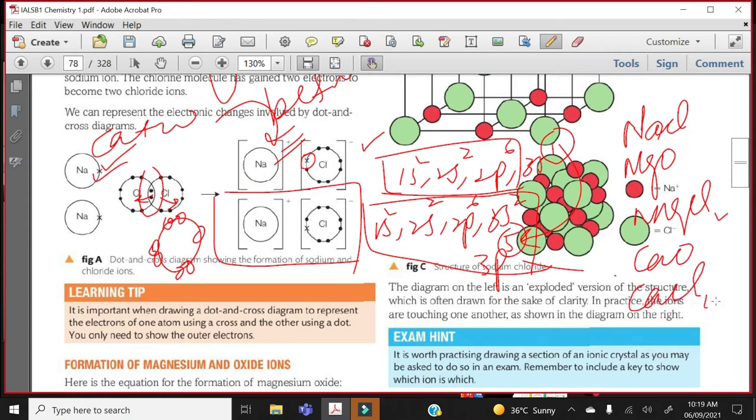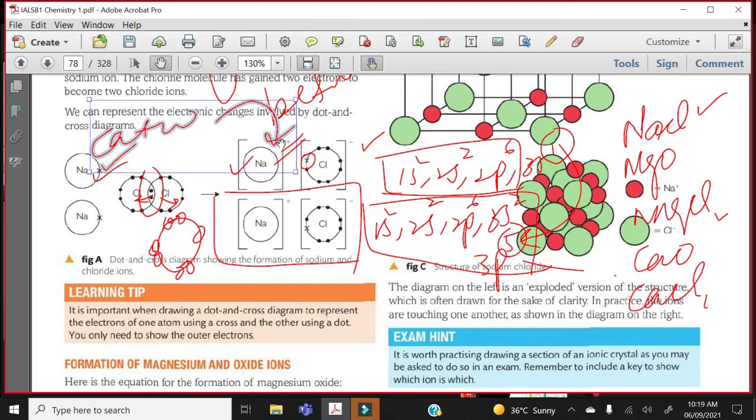You are going to make the dot and cross structure of these molecules. Sodium chloride we have already done. Magnesium oxide, magnesium chloride, calcium oxide we will do for these ones. One thing which you need to keep in your mind, sometimes the examiner is showing C here in case of sodium.